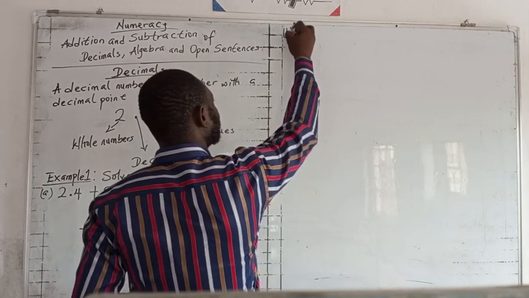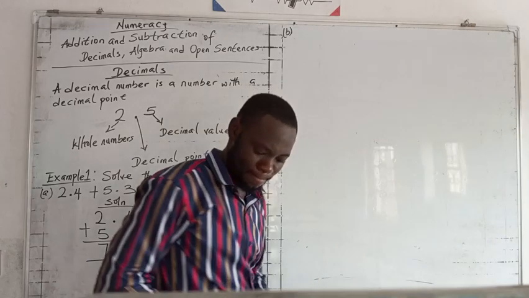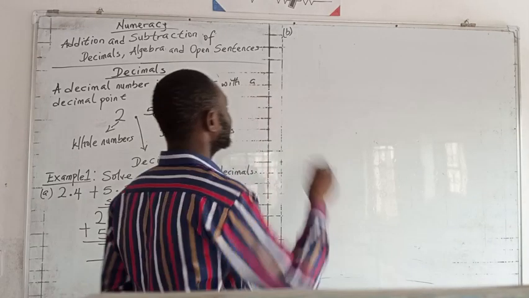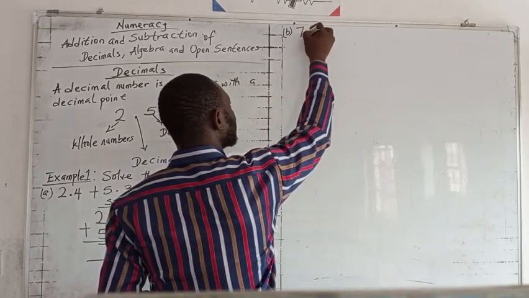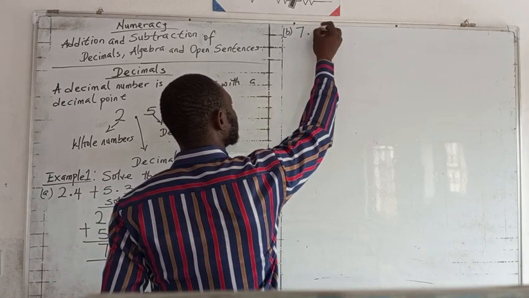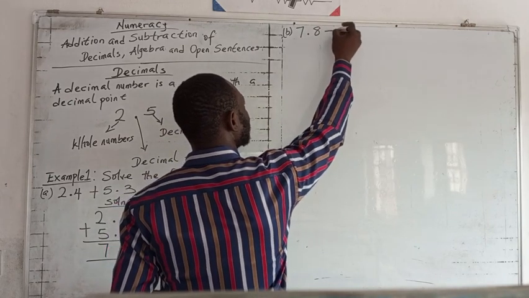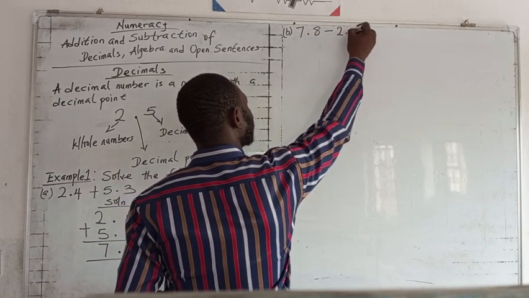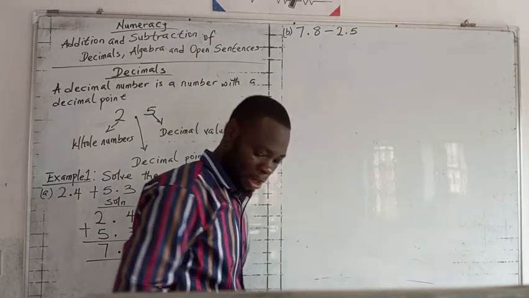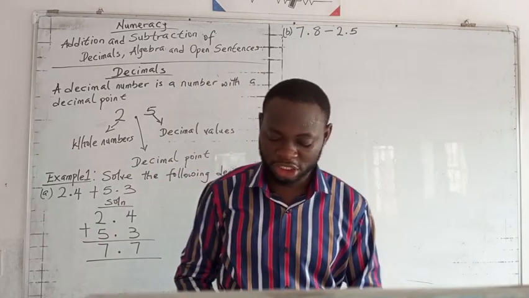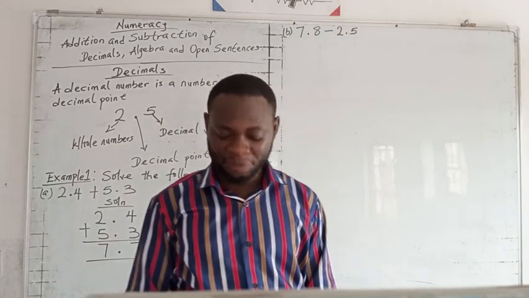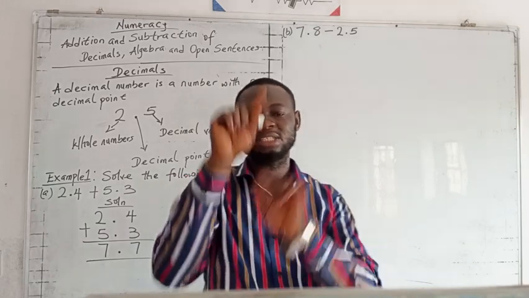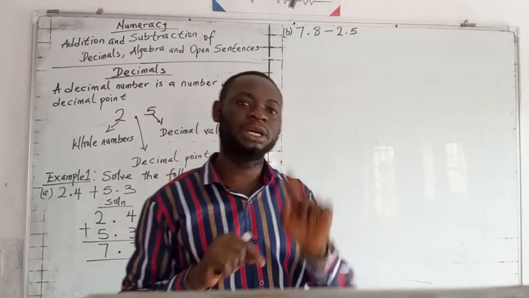Second example. Let's say 7.8 minus 2.5. The same thing we did is the same thing we are going to do. We first of all make sure that the decimal points are under themselves.